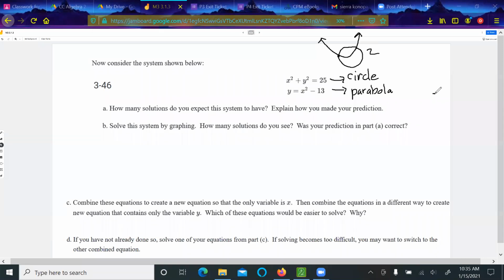But can there be more than 2? Yes, it could be like 4. Like this is 4 intersections. 1, 2, 3, 4. So you could have 4 solutions. Whoa. Can we make 3? Can we make between 2 and 4?